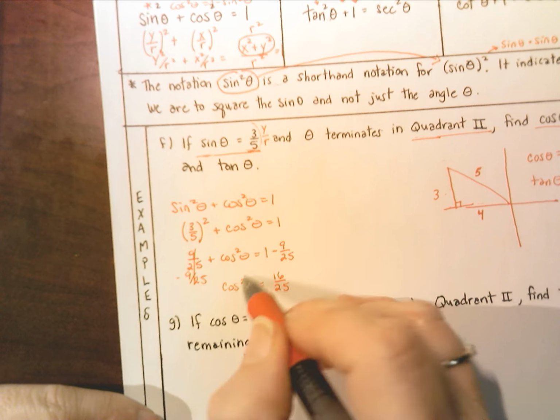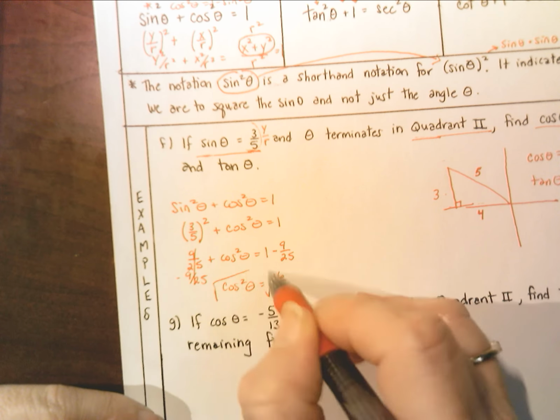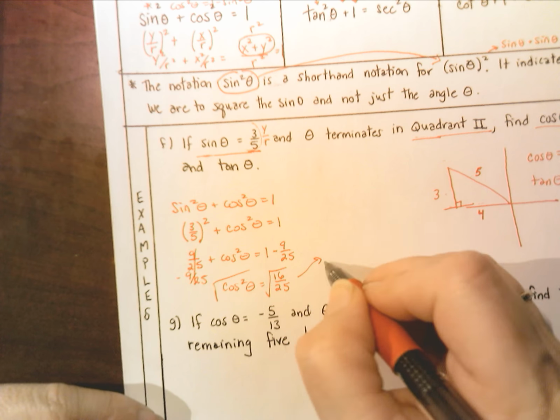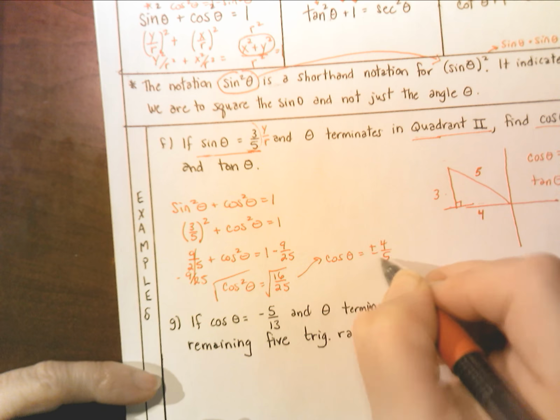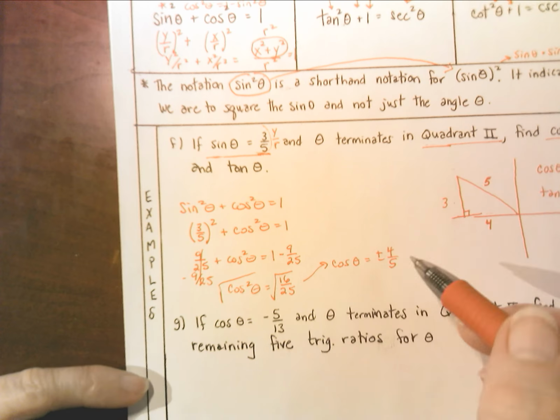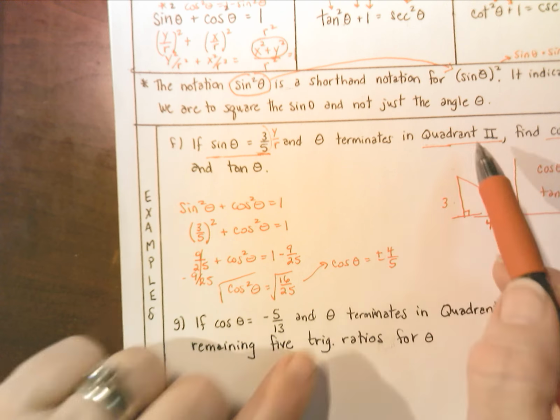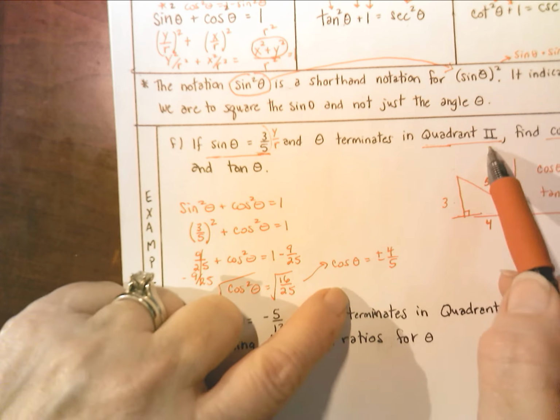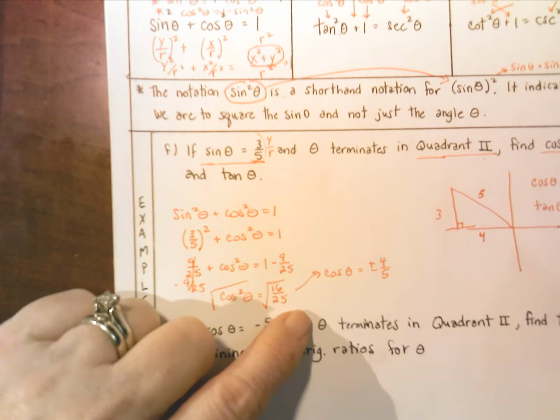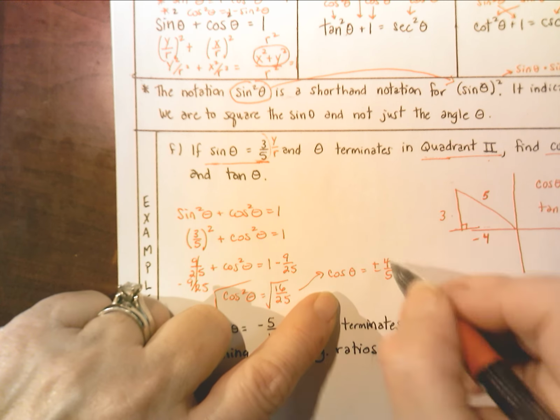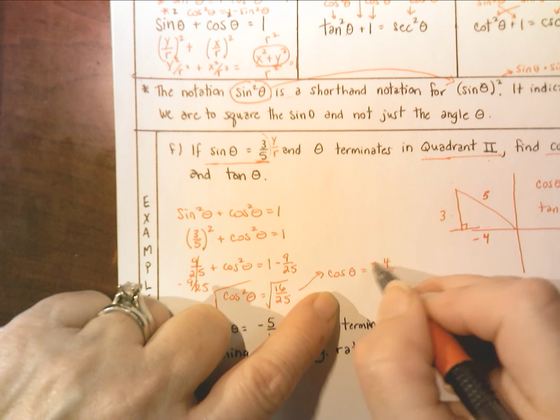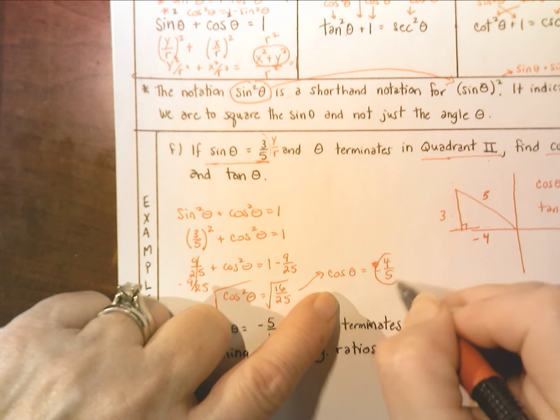And then I've got to undo the square, so I'm going to square root. I would actually end up with plus or minus 4/5. Square root of 16 is 4, square root of 25 is 5. But because it's in quadrant 2, I can rule out the positive, since cosine is actually negative there. Missed it there. So it should be negative 4/5.